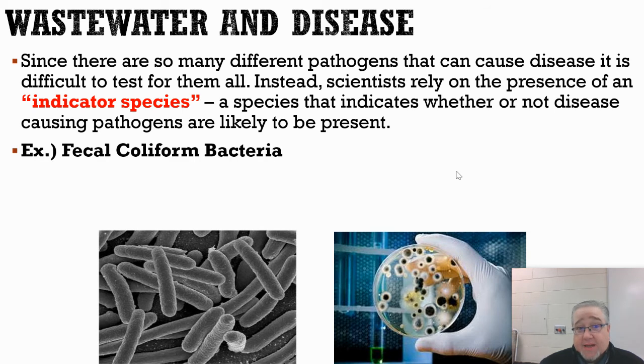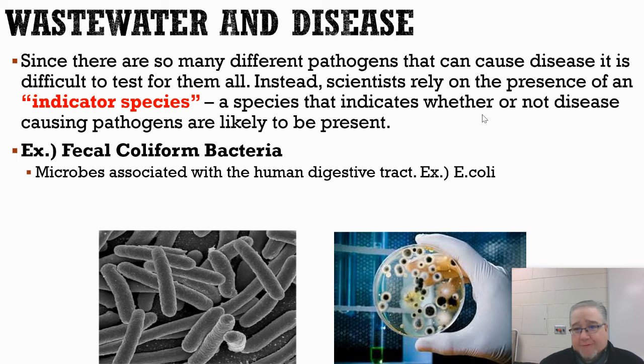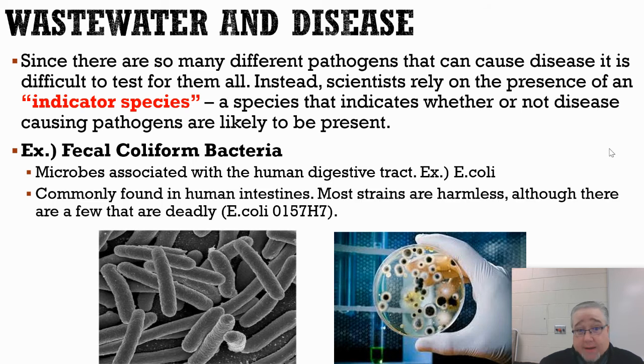We call these things indicator species. And the ones that we're looking for are what we call fecal coliform bacteria. Fecal coliform bacteria are basically bacteria that live in the human digestive tract. A really good example of this is a bacteria called E. coli. Now, E. coli is an organism, a bacteria that lives in the digestive tract of lots of animals, including human beings.